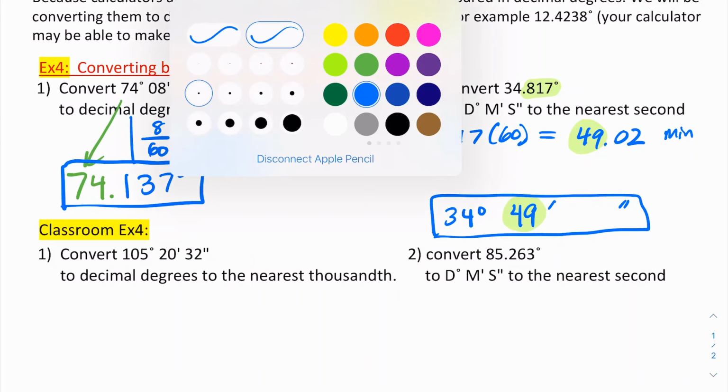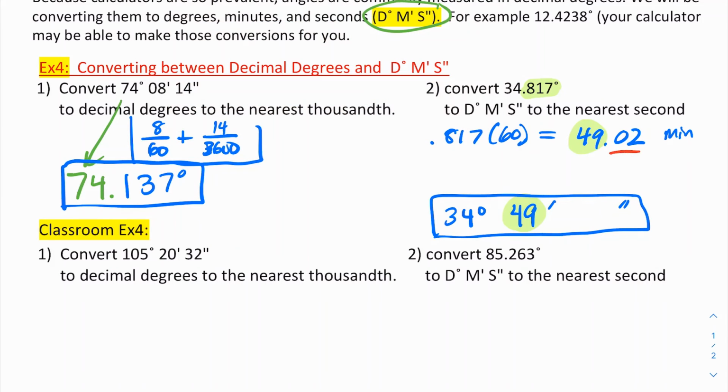And now I need to take the 0.02 and I need to multiply that by 60. I don't need to multiply by 3,600 because it's already been multiplied by 60 once in the first step. And so you're going to be multiplying by 60 again in the second step, and that will make it into seconds. So that will give me, in the second part, 1.2, and in this case it's seconds.